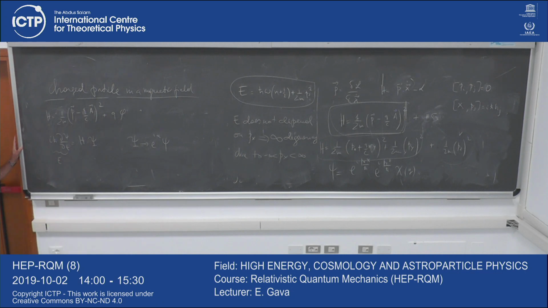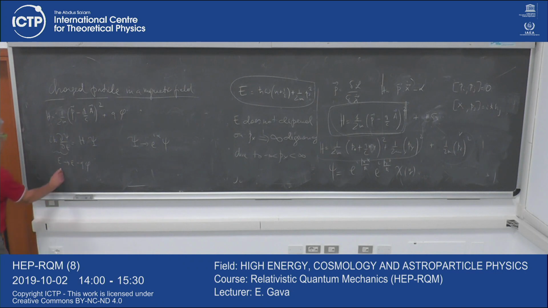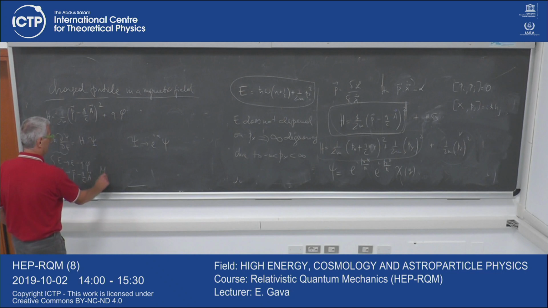The energy E goes to E minus q phi, and you put it on the other side. And then p goes to p minus qA over c. Now this way of getting the dependence on the vector potential in the Schrödinger equation is called minimal coupling. It's the way you introduce coupling of a particle to an external electromagnetic field.